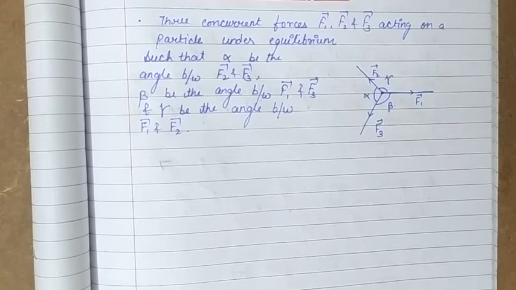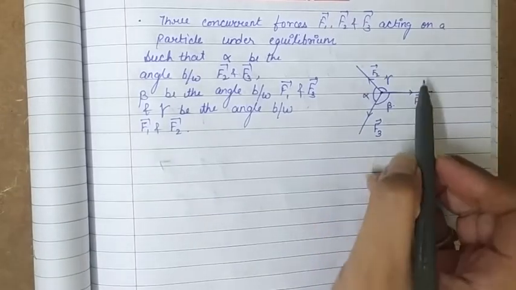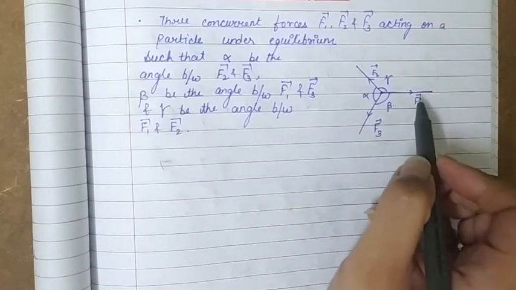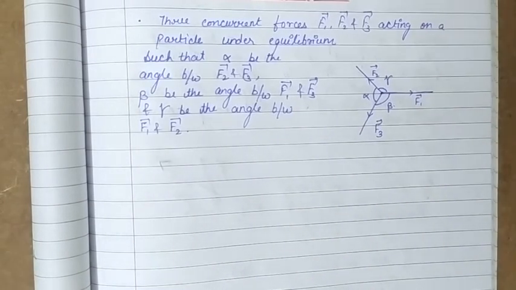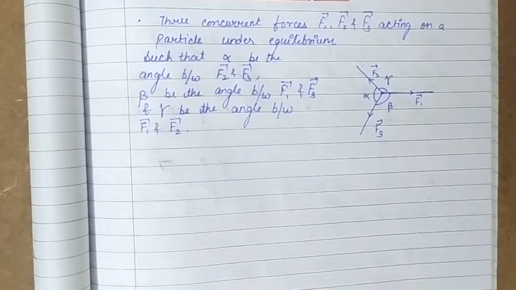Now we are going to represent these forces F1, F2 and F3 vector by the sides of a triangle, let it be ABC, taken in the same order. So we are going to represent these forces as the sides of a triangle without changing their respective angles with each other.